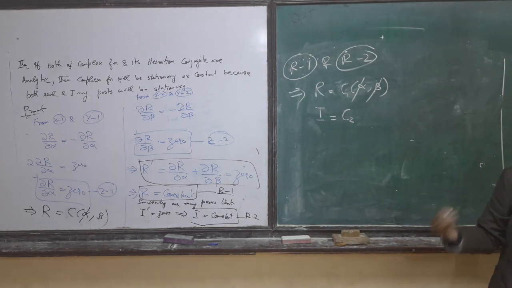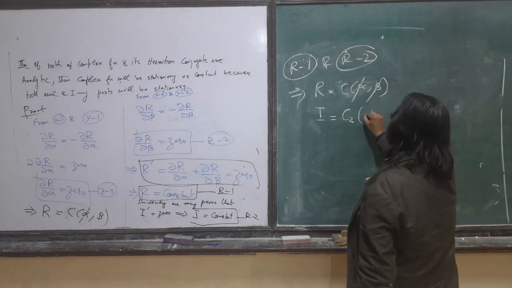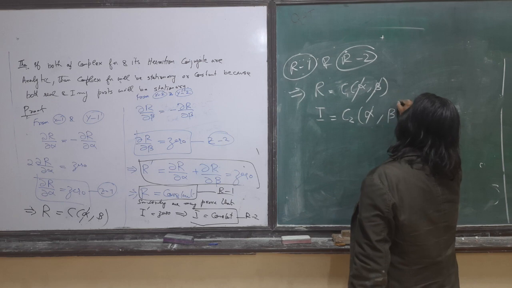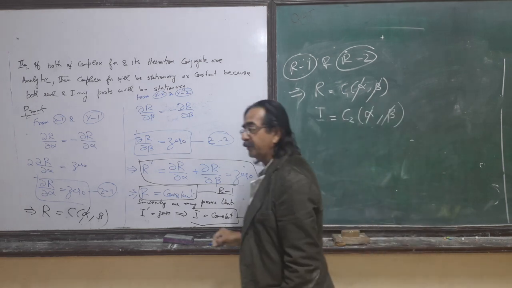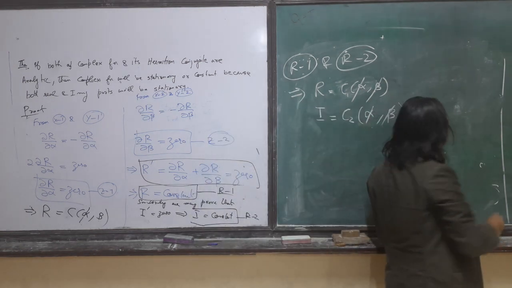They are not equal, they are constants. I have not stated that they are equal. So they are constant with respect to alpha and beta both.